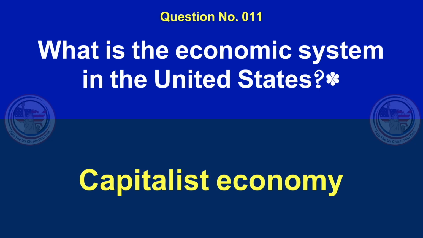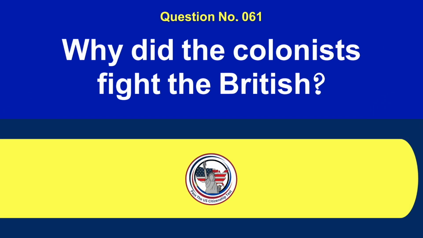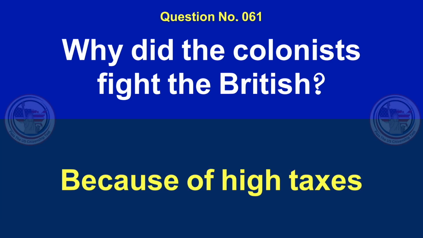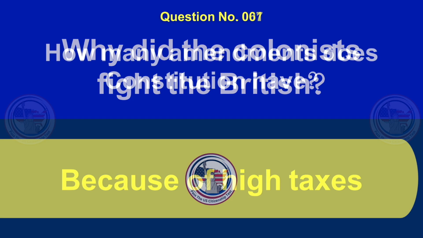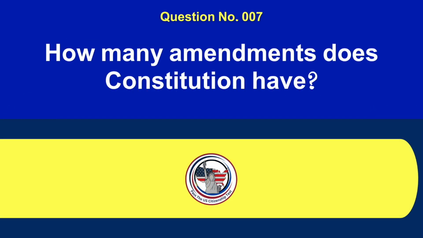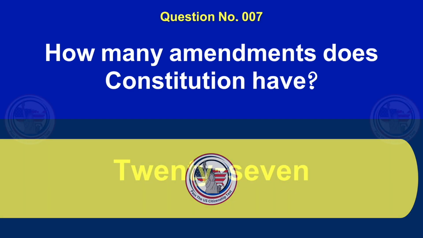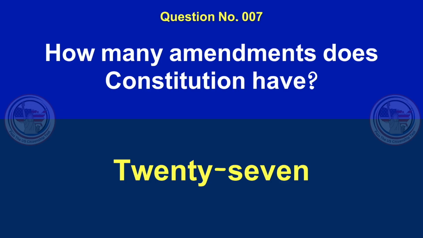Market economy. Why did the colonists fight the British? Because of high taxes. How many amendments does the Constitution have? 27.